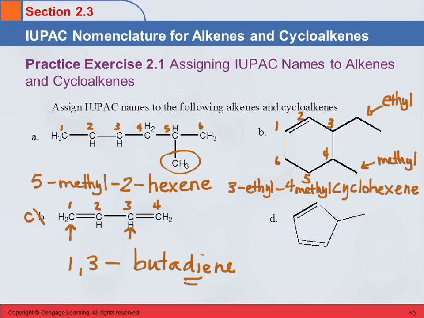Okay, let's look at this last guy. What's our longest carbon chain? 5. Pentane. It's in a circle, right? So this is a cyclopentane, and it's got 2 double bonds, so it's cyclopentadiene.